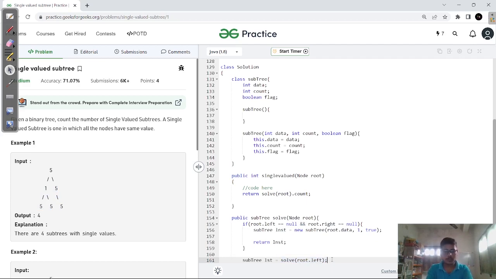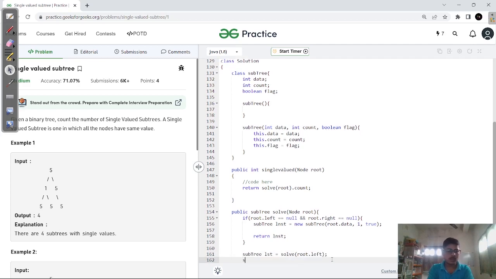Also I am keeping faith that it will give me the same thing for the right subtree.